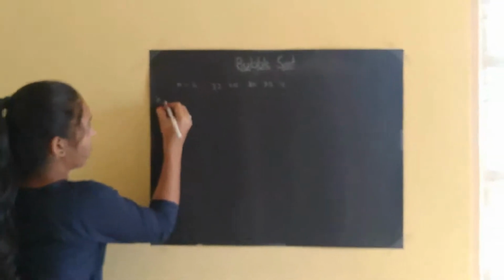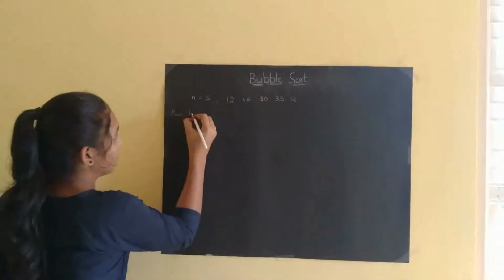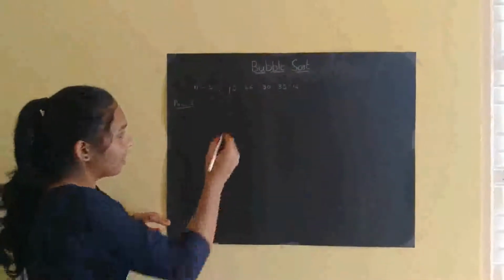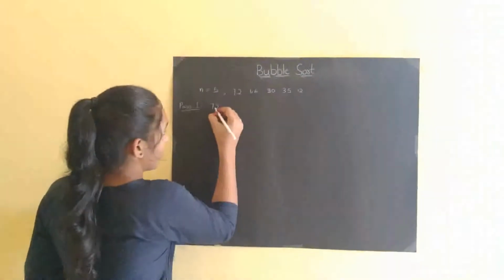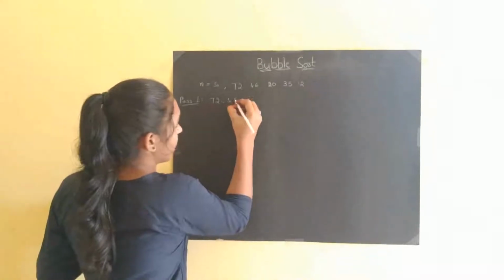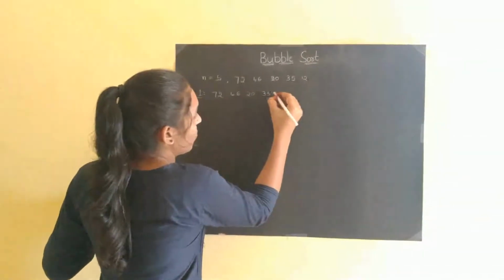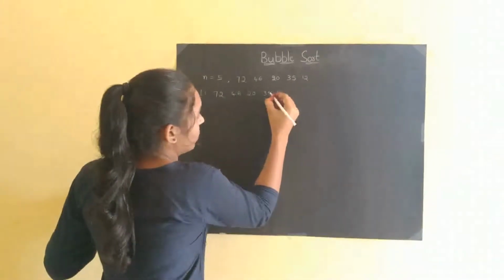Now in pass one, we have the elements 72, 46, 20, 35, 12.